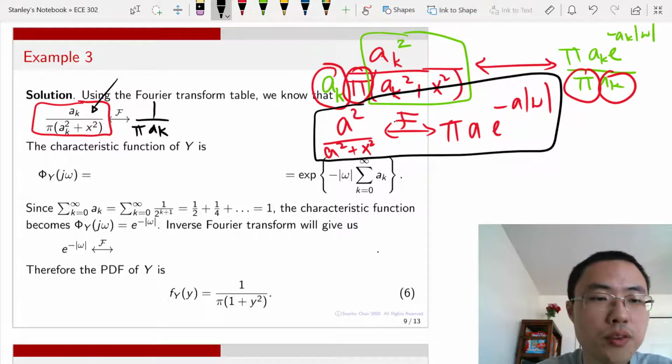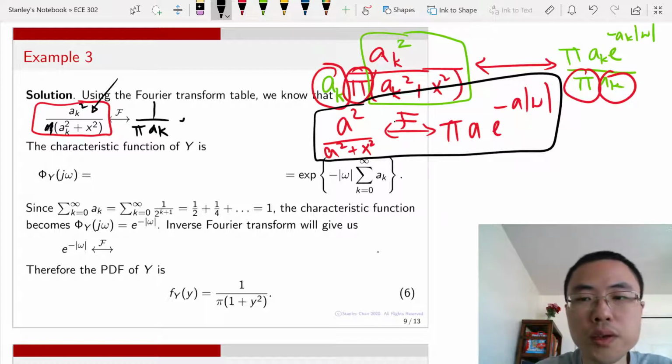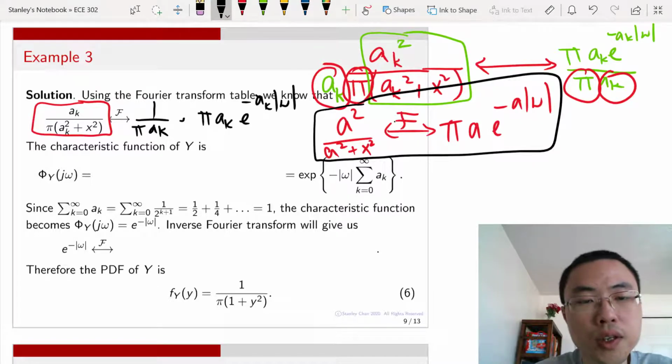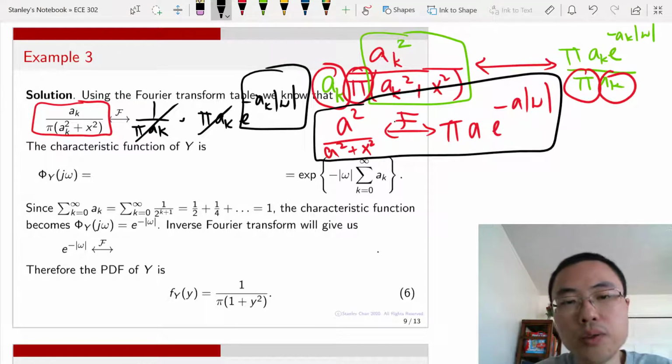And so that will give me this expression. And then this expression, when you take the Fourier transform, you will get pi ak e minus ak, and then you have omega. Alright, so you can see that for the Fourier transform of this guy, you can cancel out these two terms, and so the Fourier transform is as simple as e to the power minus ak times this absolute omega.